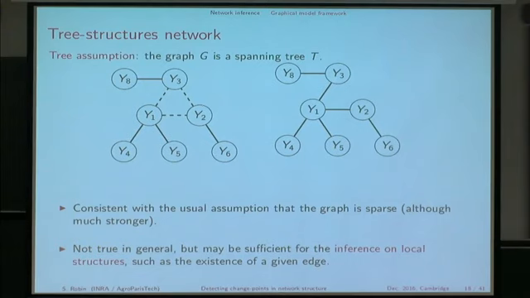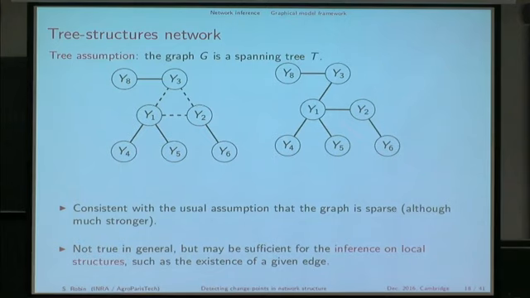That is the good news. The bad news is that obviously it's very unlikely that the true graph is a tree. But as I was showing you, this will only provide information about, for example, presence or absence of edges. Nothing more complex. For example, if you ask me, is there a triangle there? I can tell you the answer now. The answer is no, because there is never any triangle in the graph. Okay.